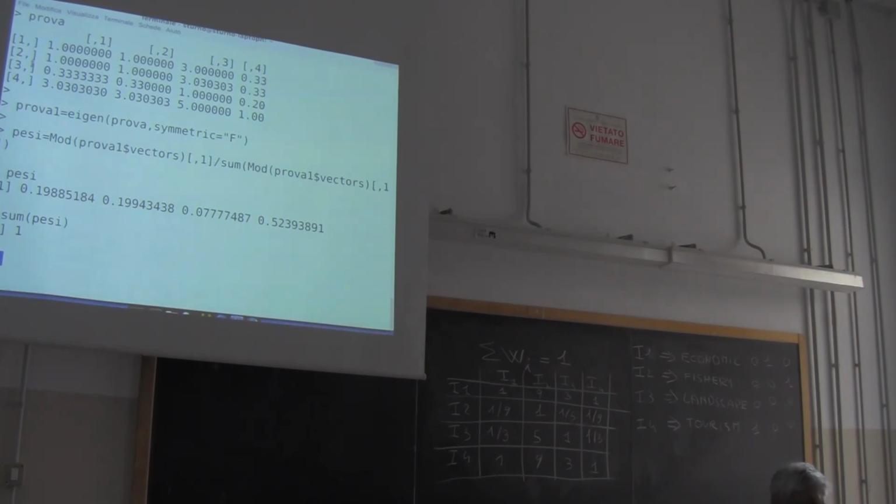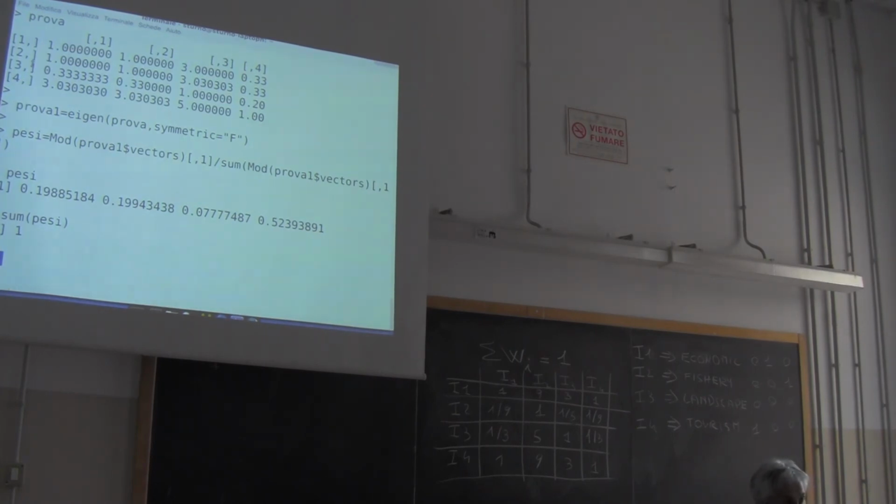Now, if you look at these weights, they give the same weight to economics and fisheries. They give less weight to landscape, and the higher weight is given to tourism.